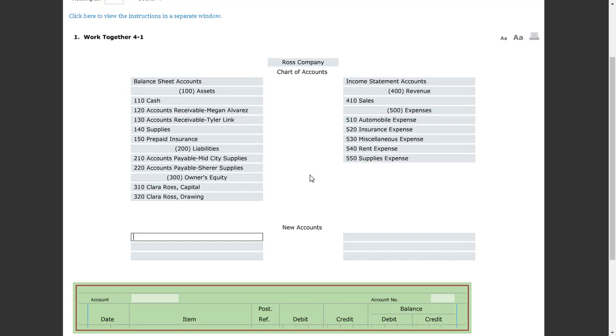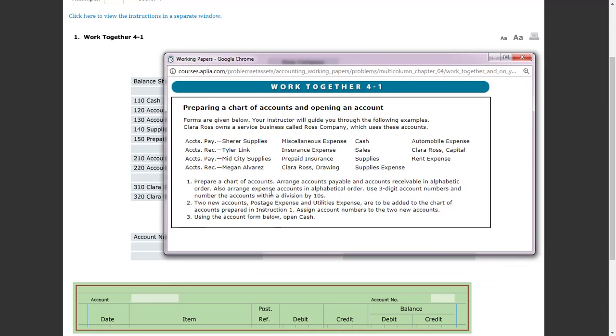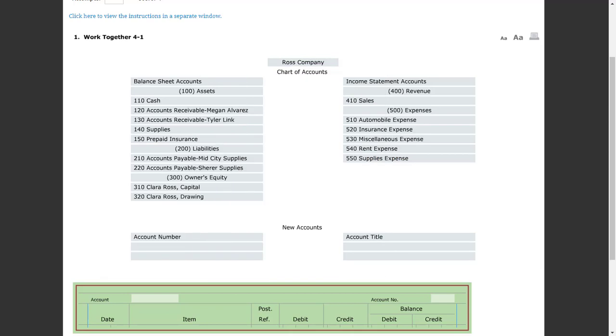On the left-hand side, we're going to put our account number, and on the right-hand side, we're going to put our account title. So that's going to be the heading. Now, our directions tell us postage expense, then it tells us utilities expense. So I need to do postage expense first. So I'm going to go ahead and put that on the right-hand side for postage expense.